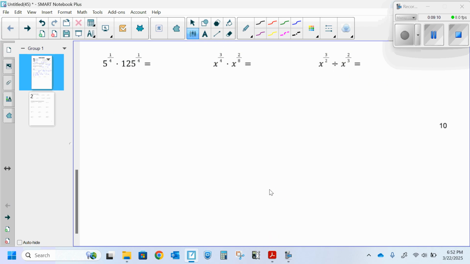Now, here we go. We have two different bases. We cannot multiply these two bases. What we can do is rewrite 125 as 5 to the 3rd. That kind of makes it look like a fraction, doesn't it? Sorry.